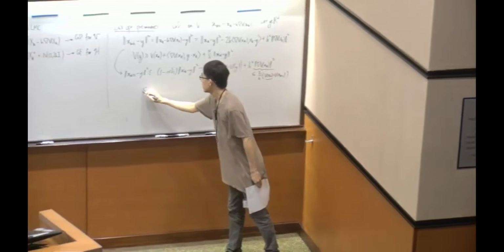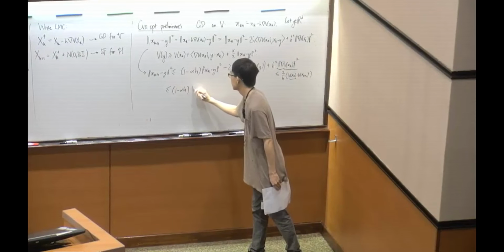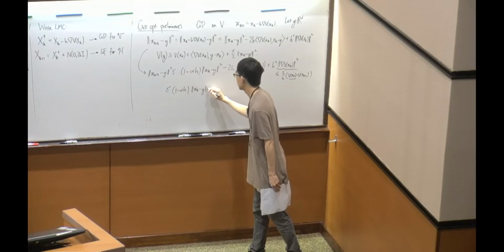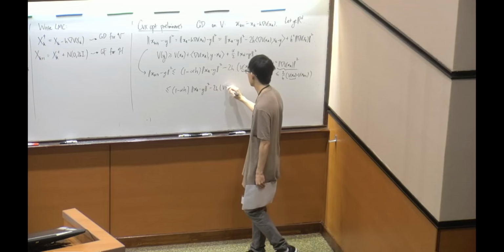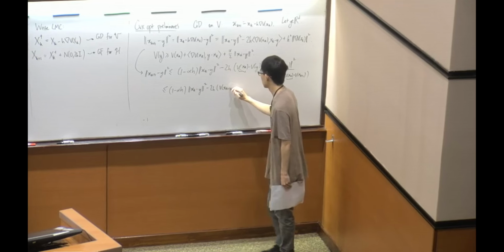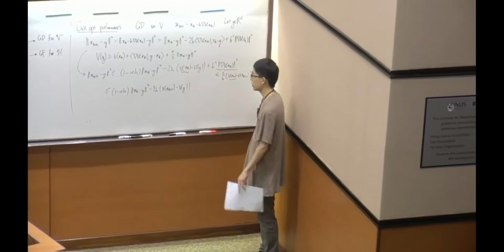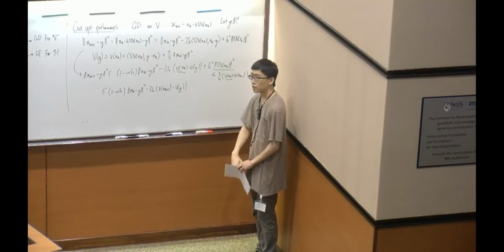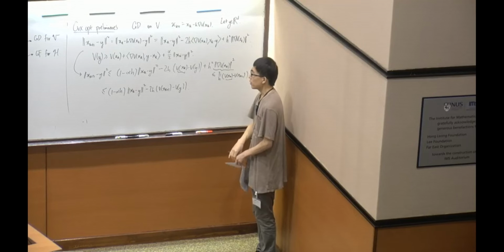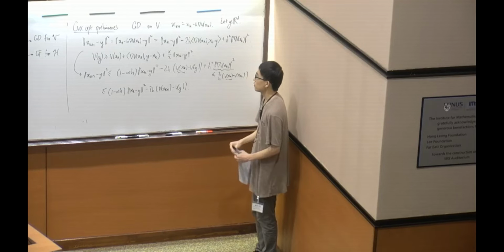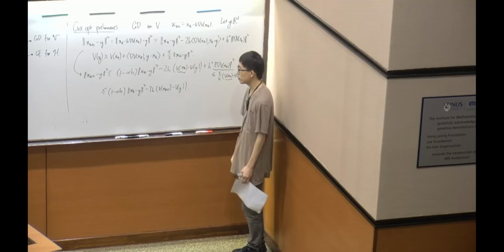So let's write out what that is. And we get this inequality. So this inequality might not be like the one you've seen before for analysis of gradient descent, but it's pretty fundamental.